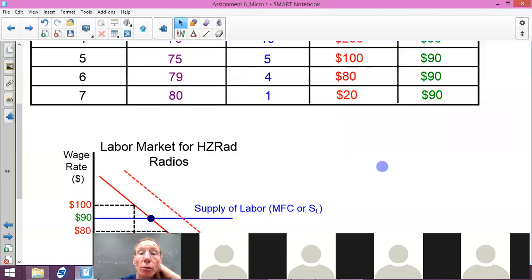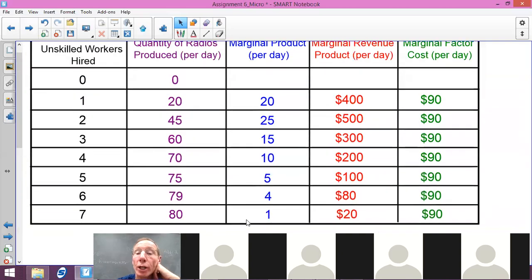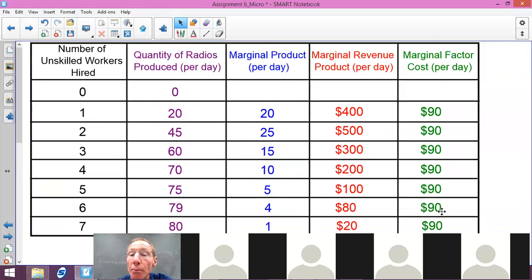Now, if we look at the chart right here, we can see where it is, because we do not want the cost to be more than the marginal revenue, right? So when we hire this sixth worker, that sixth worker cost $90, but only brought in a marginal revenue of $80. So that sixth worker is not going to get hired.